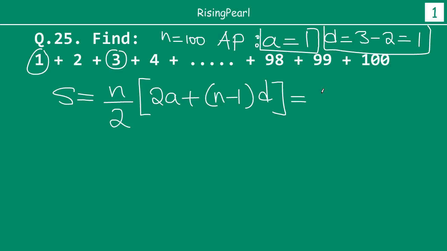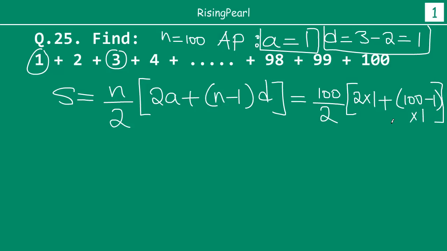So let's put the values in here. n is 100, times 2a, where a is 1, plus 100 minus 1, which is n minus 1, times 1, because d is 1.